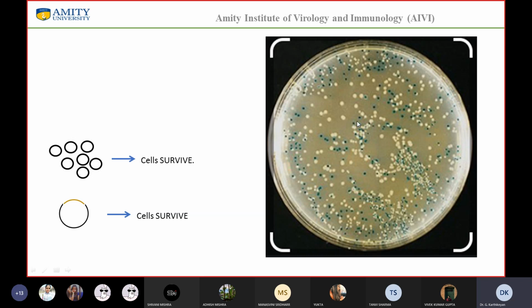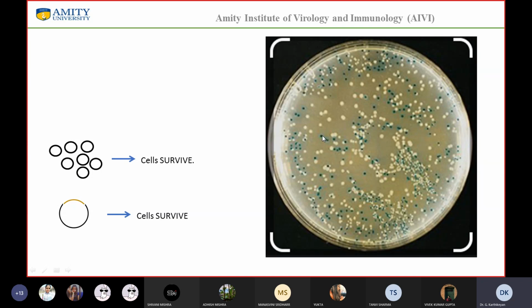It could be your gene of interest, or it could be something else. In all likelihood, a white colony represents a recombinant DNA, something that has a vector and your gene of interest. And this is the vector that religated back on itself, so it is going to give you a bluish color.